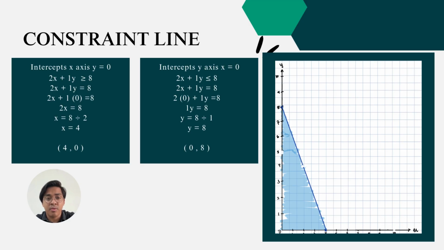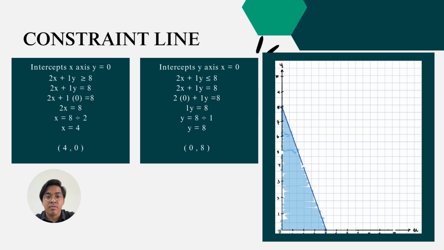Now let's find the y-intercept by setting x equal to 0. Plugging that into the equation, we get 2 times 0 plus y equals 8, which simplifies to y equals 8. That gives us the y-intercept at the point (0, 8). These two points allow us to draw the boundary line for the inequality.